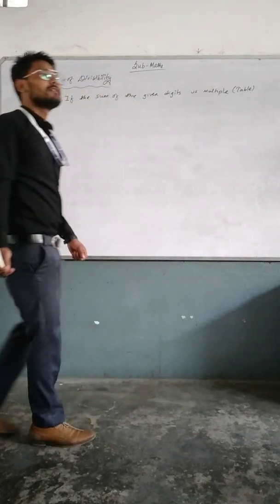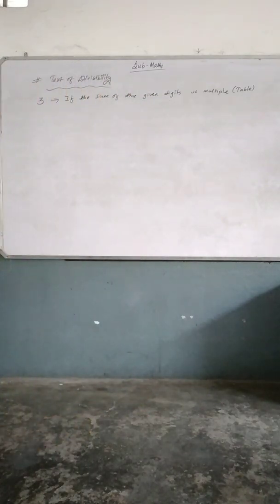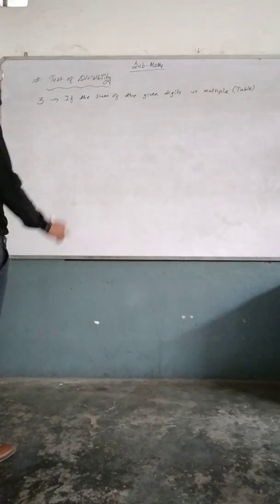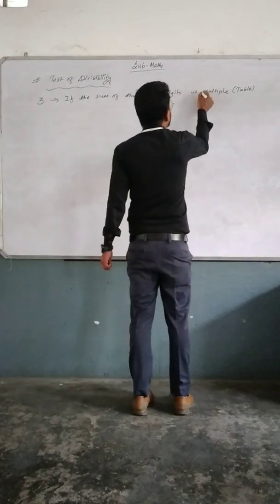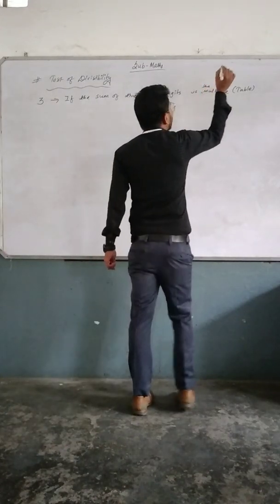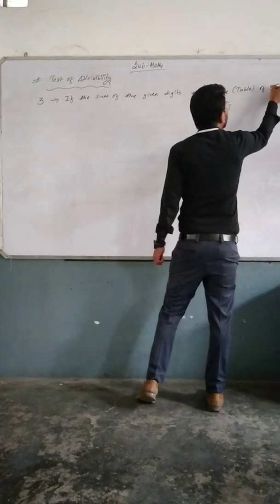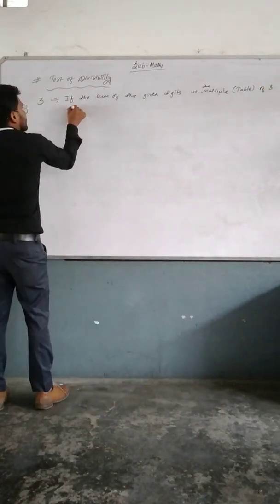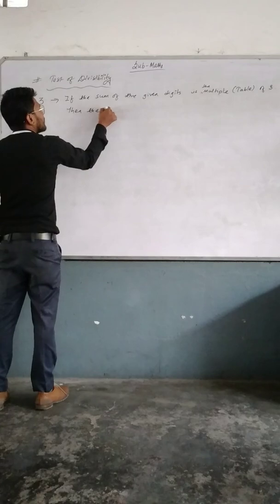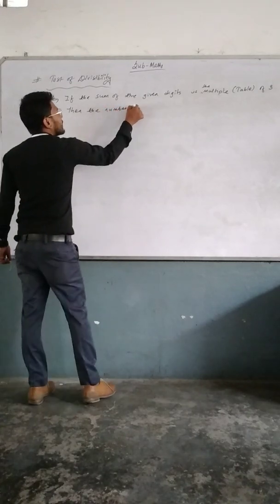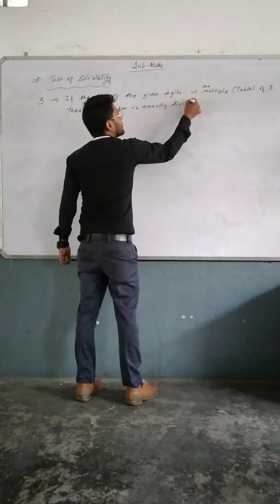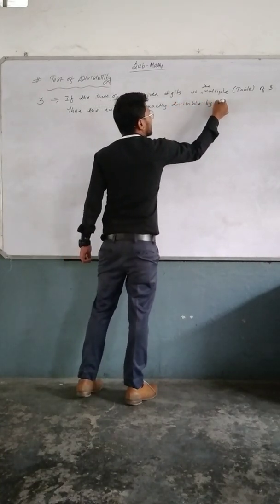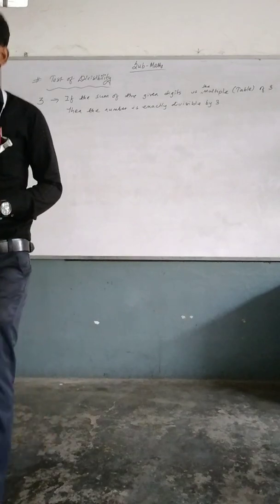Table means, yesterday only we talked about learning multiples, isn't it? If the sum of the given digits is a multiple of 3, then the number is exactly divisible by 3. Now everyone look into the board and listen carefully.